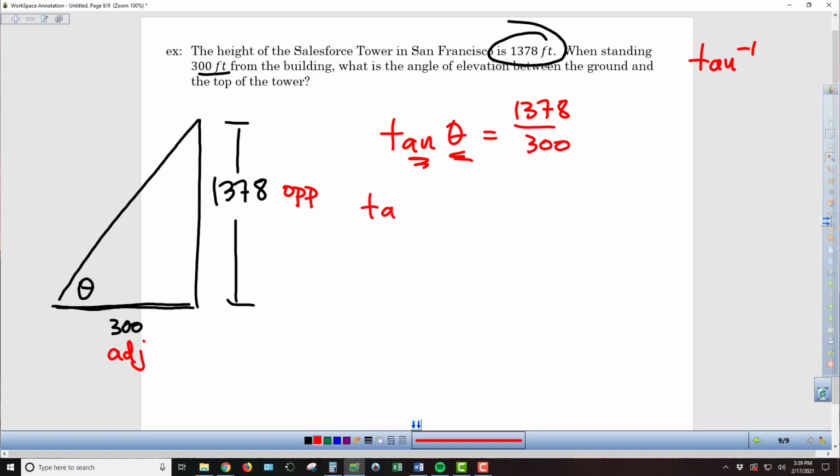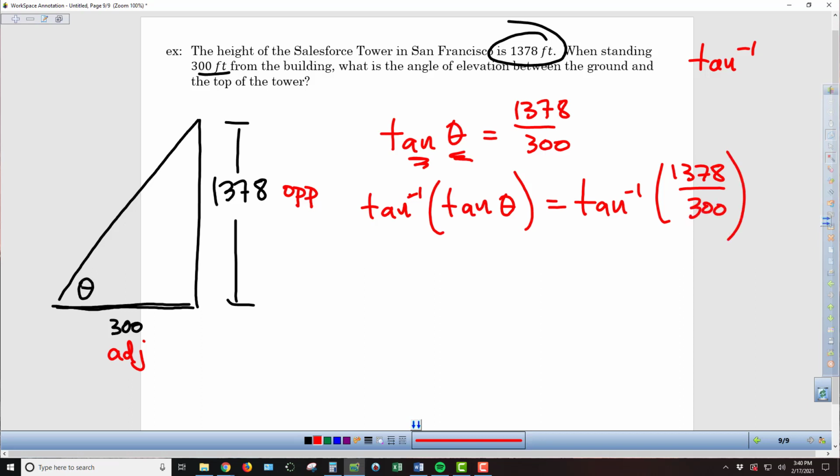So I'm going to do the inverse tangent of both sides of my equation. So I've got the inverse tangent of both sides. So on the right-hand side, that translates into the inverse tangent of 1378 over 300. So on the left-hand side, the inverse tangent and the tangent cancel each other out. Those are inverse operations, so they undo each other. So that means I'm going to be left with just theta over here on the left-hand side. On the other side, I'm not going to take the tangent of this ratio here.